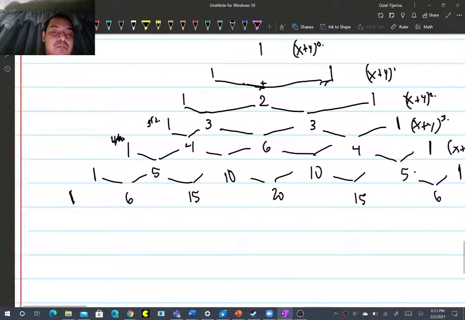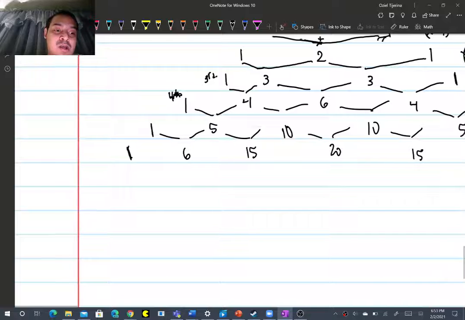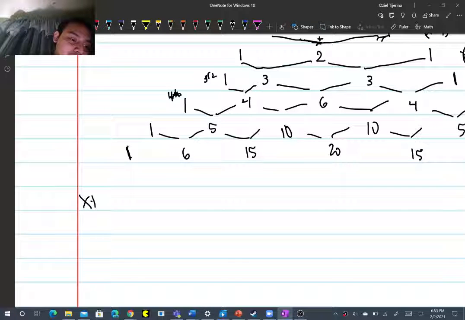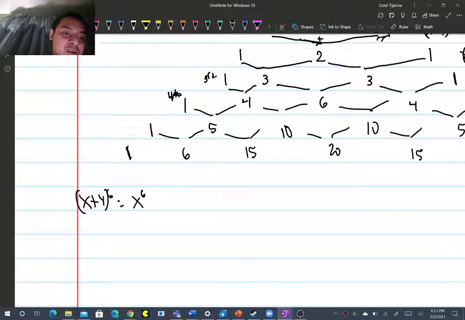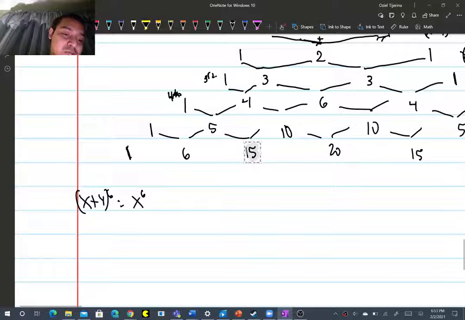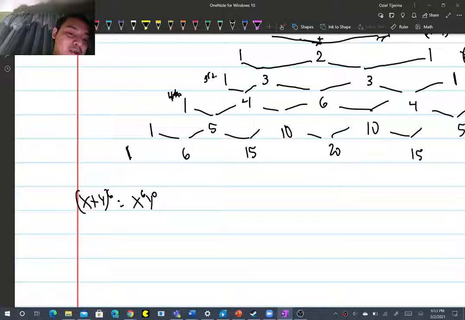Now, to know the powers or the exponents as you go along, x plus y to the 6th will be, basically, x to the 6, because that's your first coefficient. And then for your second one, you have a 6, but remember that you have x to the 6, y to the 0 power. And then plus 6x to the 5th, y to the 0 plus 1 power.